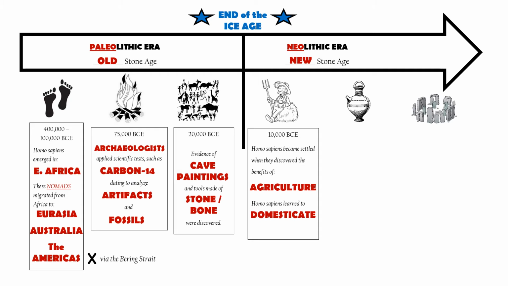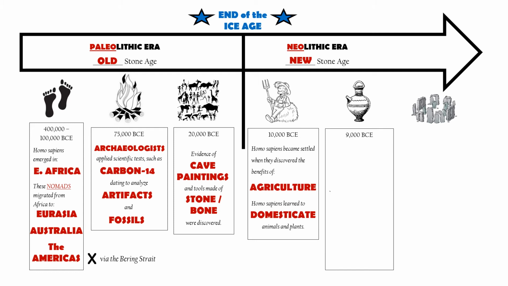Homo sapiens learned to domesticate, which means to tame or train both animals and plants. So they were making their animals and making their plants work for human use.